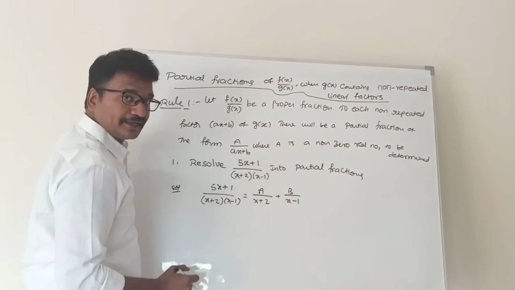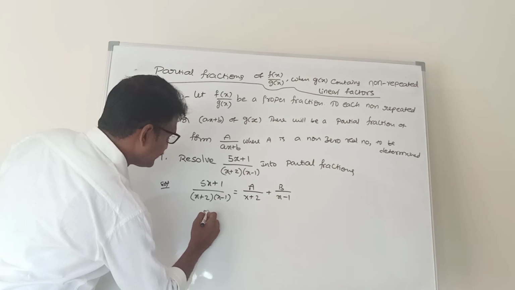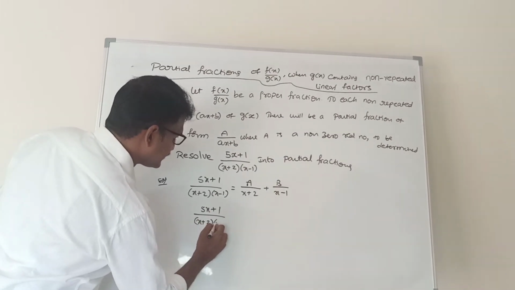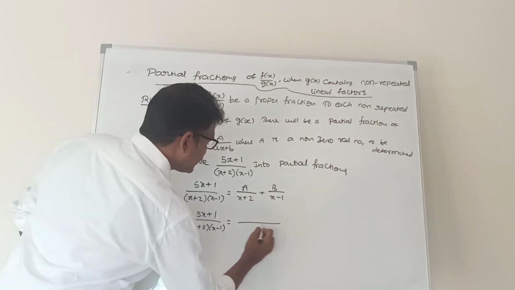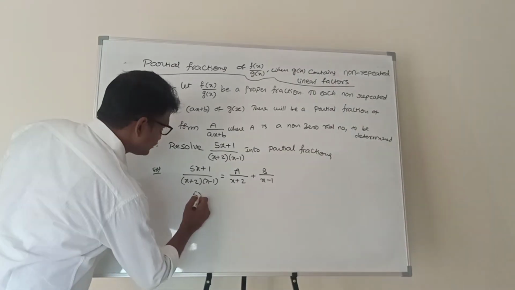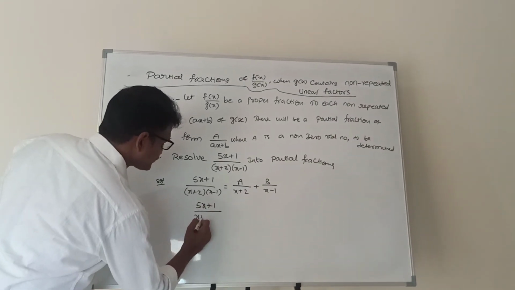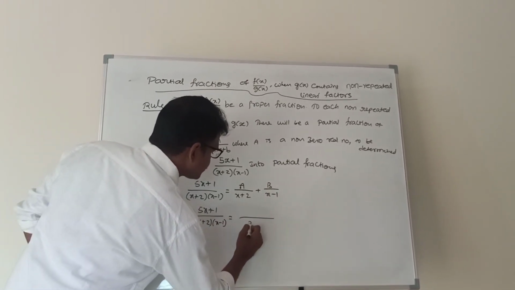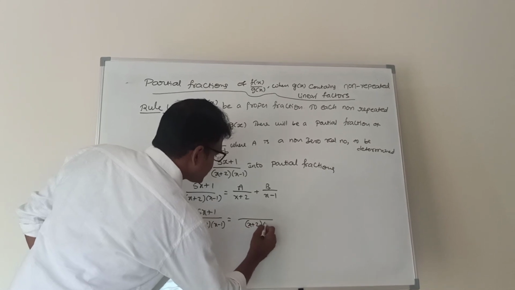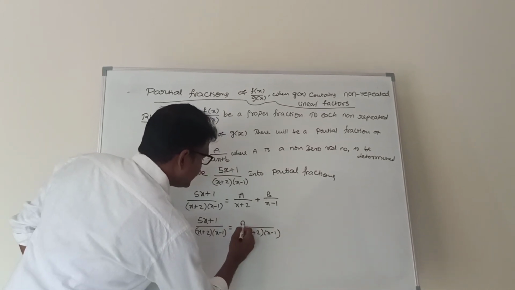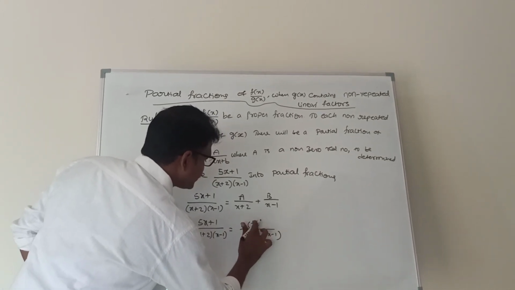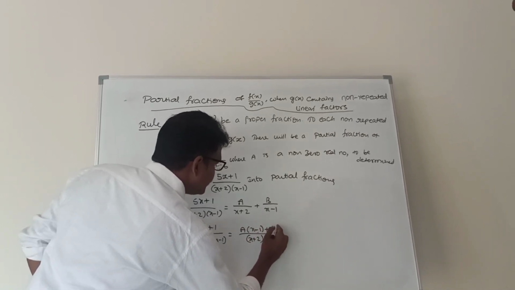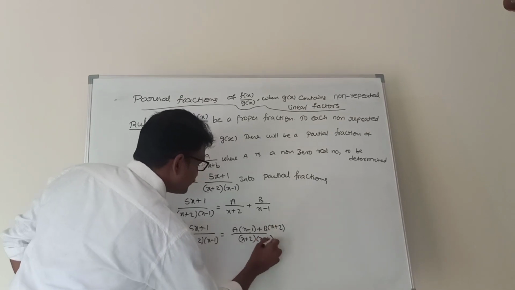We have to determine A and B. So how to determine A and B: 5x plus 1 by (x plus 2)(x minus 1) is equal to, take the LCM, (x plus 2)(x minus 1). If you take the LCM, you will get A into (x minus 1) plus B into (x plus 2).